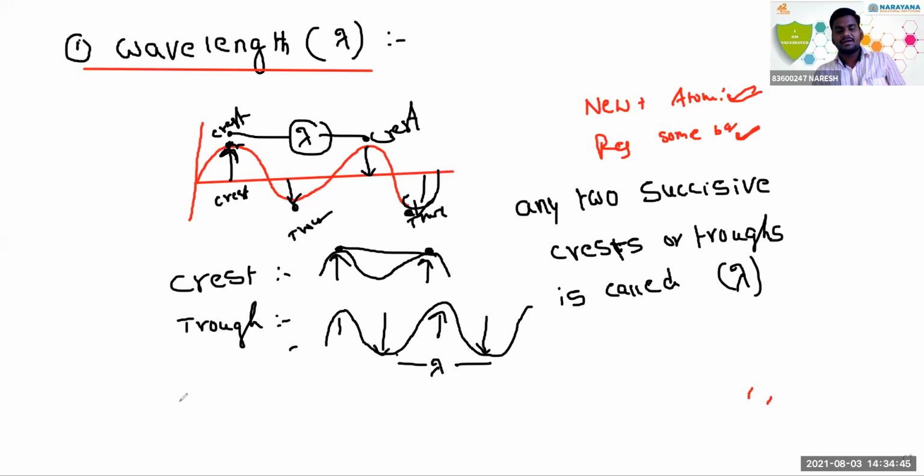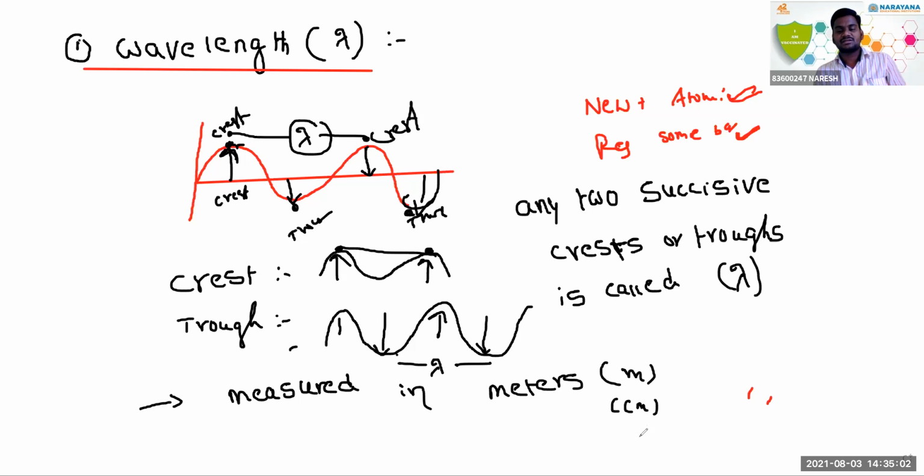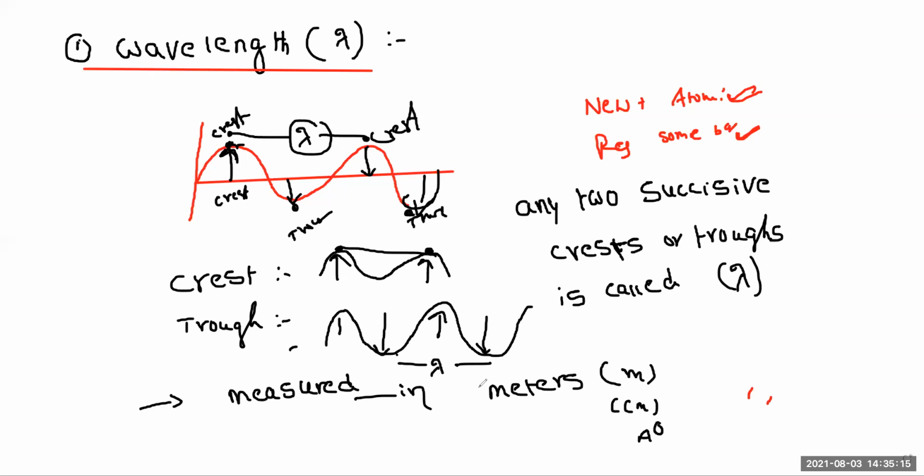Next point, how wavelength is measured. Wavelength is measured in meters, centimeters, and angstrom units.